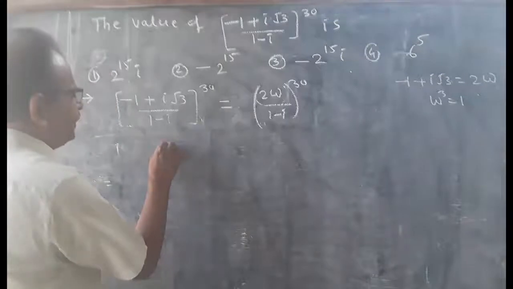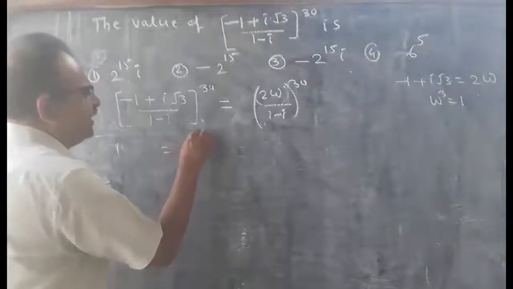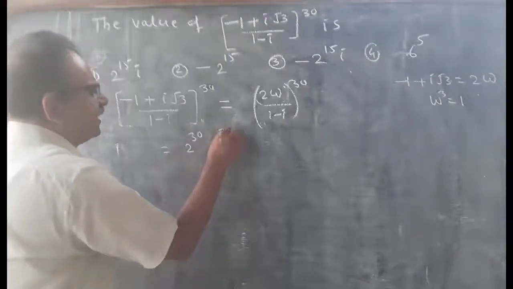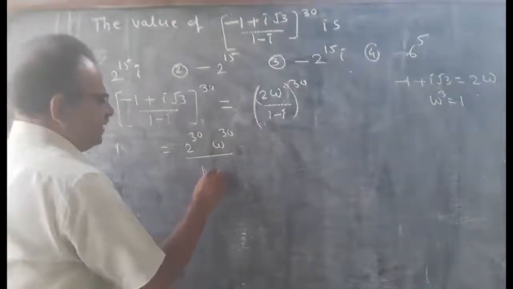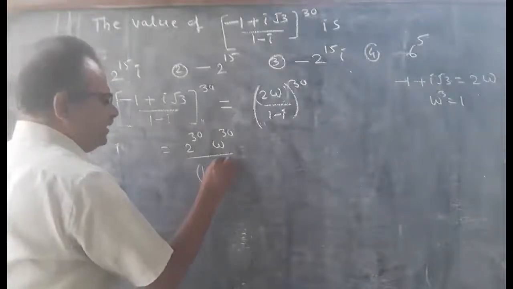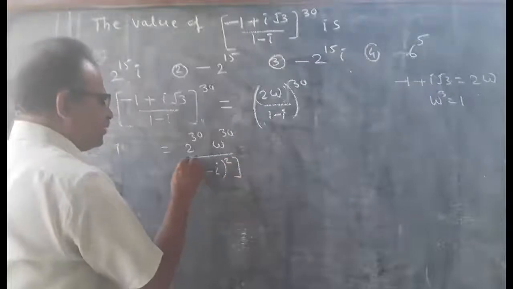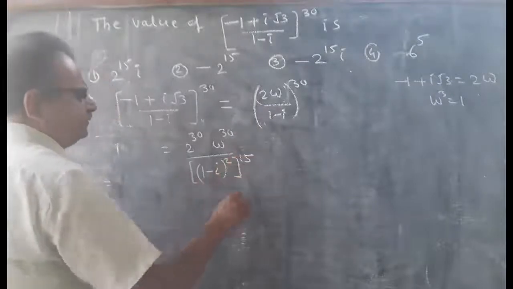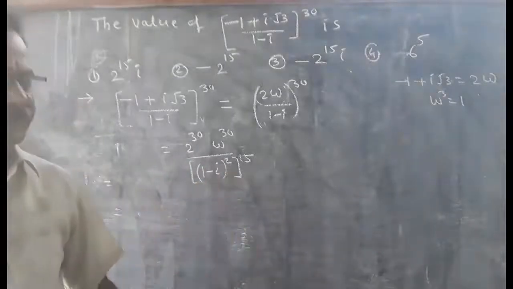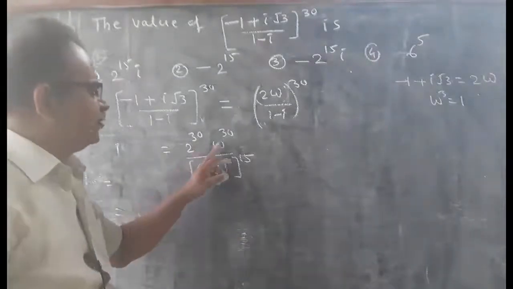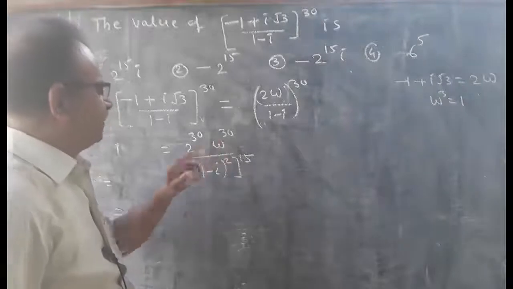This can be written as 2 raised to 30, omega raised to 30, divided by 1 minus i raised to 30, that is 1 minus i square raised to 15. I shall divide 30 as 3 into 10. Omega raised to 3 is 1, therefore 1 raised to 10, that is 1.